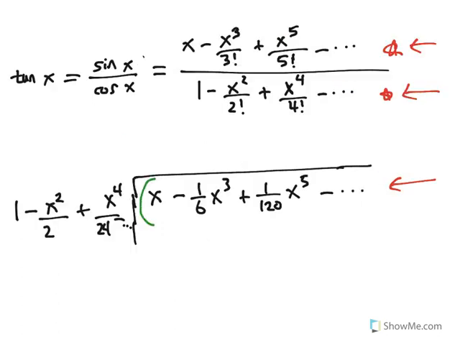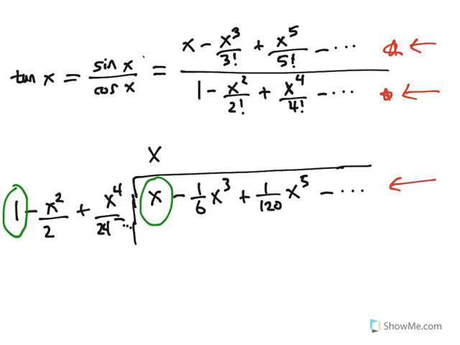Now we're going to do that, but with the lowest degree term from the dividend divided by the lowest degree term from the divisor. x divided by 1 will give us x. We will write that above the x column, above the first degree term column for the quotient.